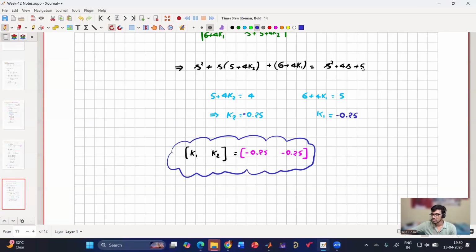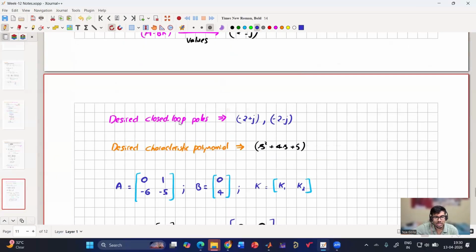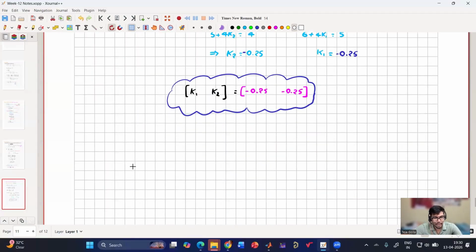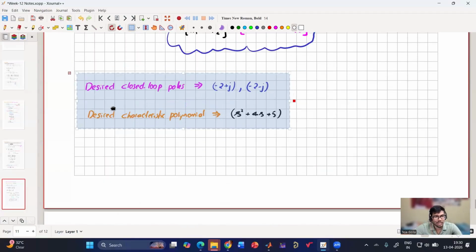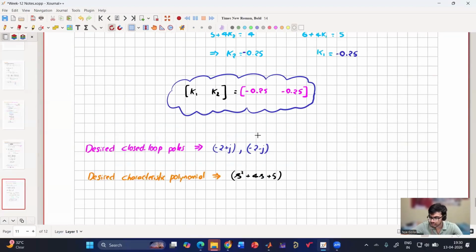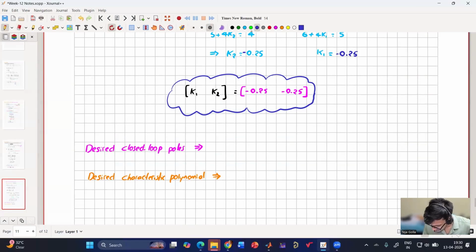Let us consider one more small interesting practice. I'll change the desired pole location. Or I'll make it completely different: -3 plus 2j and -3 minus 2j.